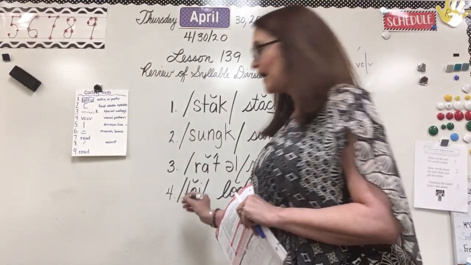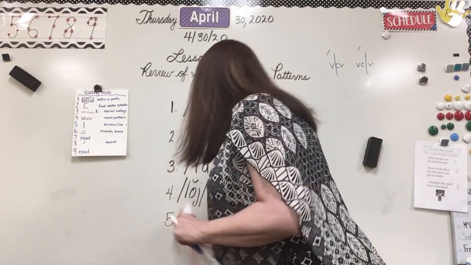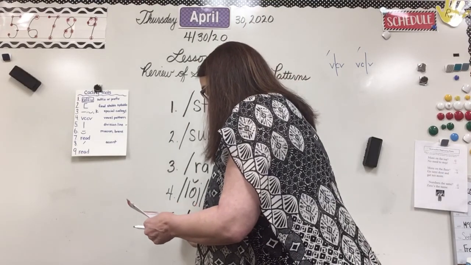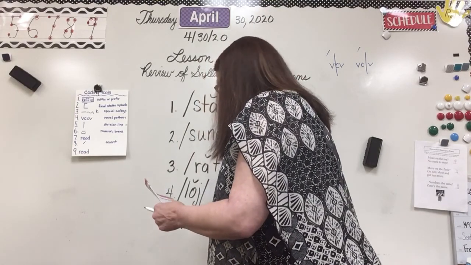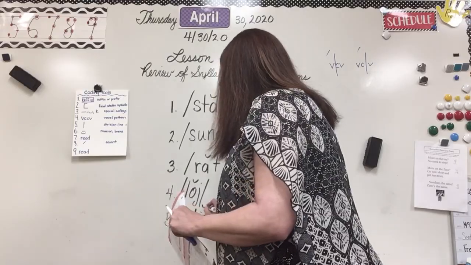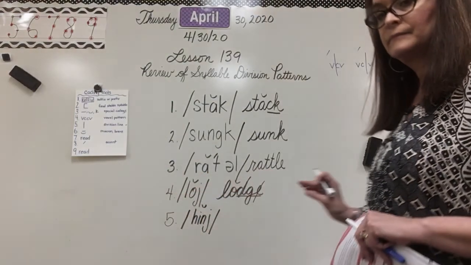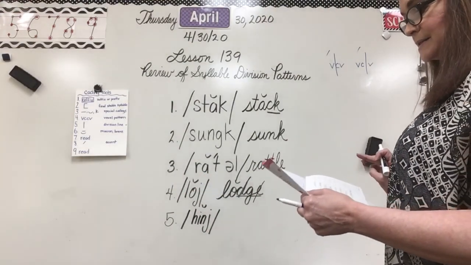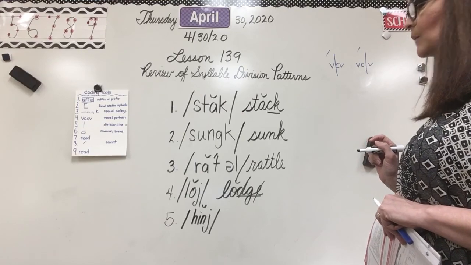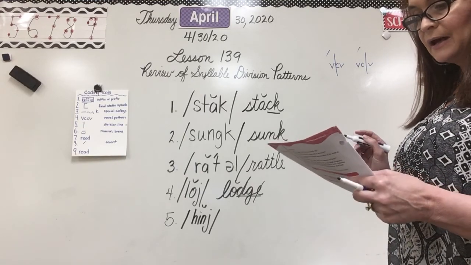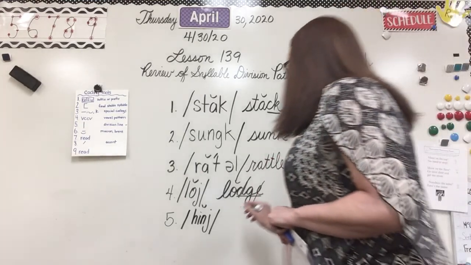Now, number 5. It looks like on your paper, this is how it sounds. And let's see, number 9. Alexander, how would you spell hinge? Now think about it. We have the J sound. Alexander, how would we spell it?